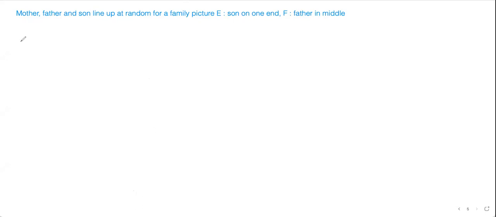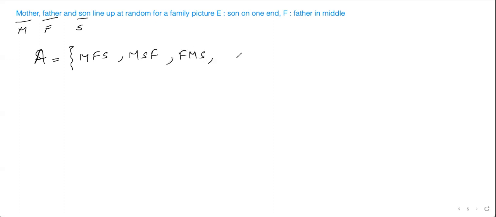Let us label them: mother as M, father as F, and son as S. Now the sample space, which we cannot write as S, let us label as A. So the possibilities here are mother, father, son; mother, son, father; and father, mother, son.